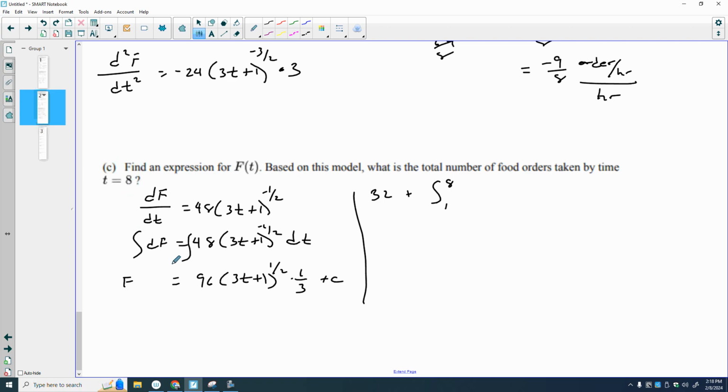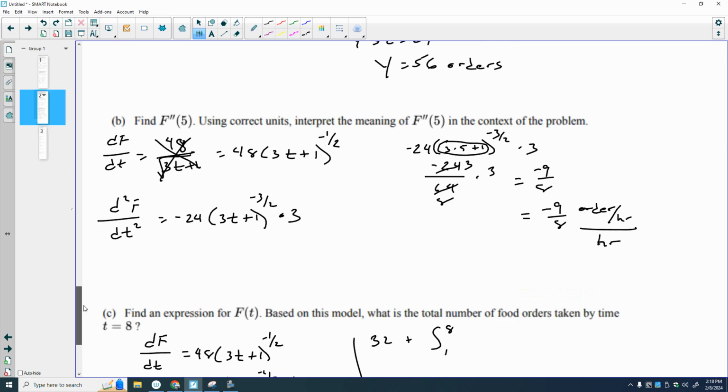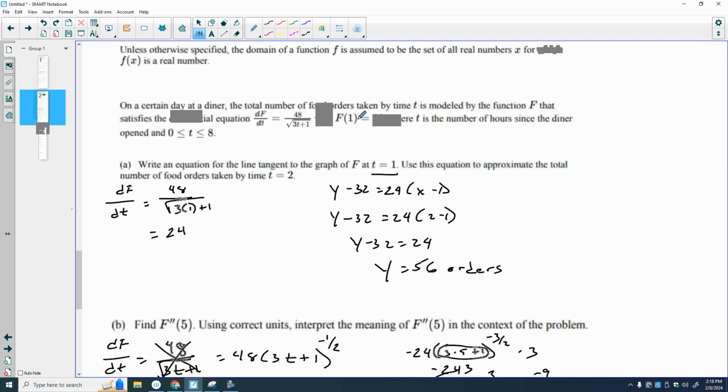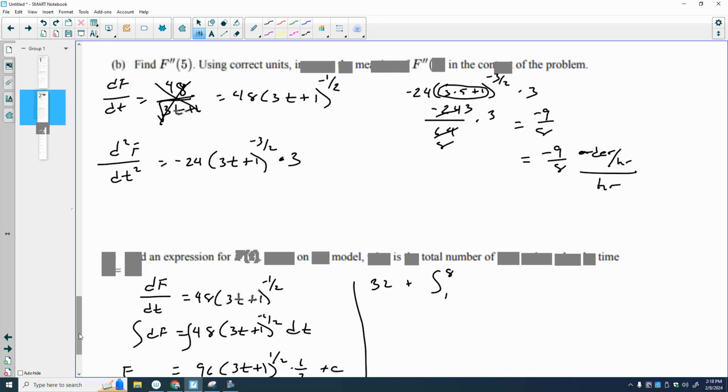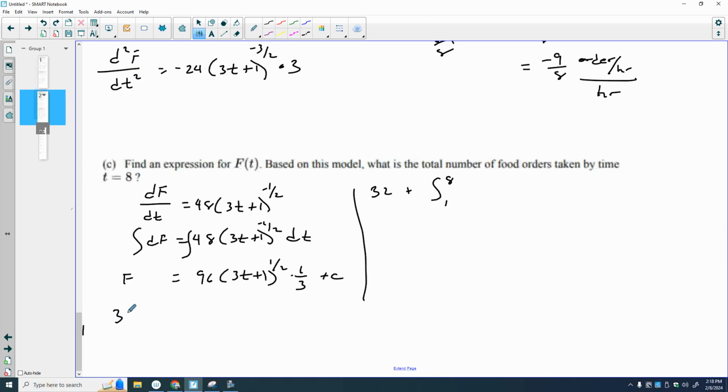Plugging in 1 for t, 32 for y, gives me 32 equals 96 times 3 plus 1, because I plugged in 1 for t, to the 1/2 times 1/3 plus c. 1/3 of 96 is 32.